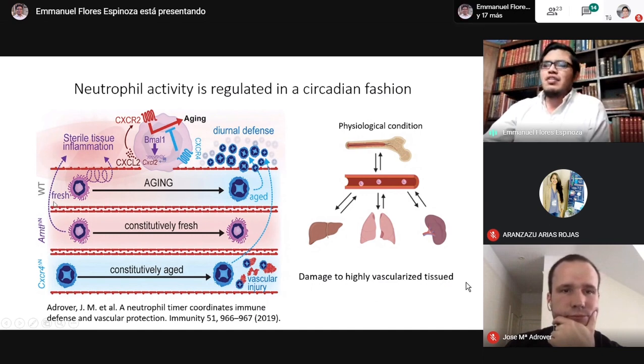They discovered that neutrophils can be classified as fresh neutrophils and aged neutrophils.